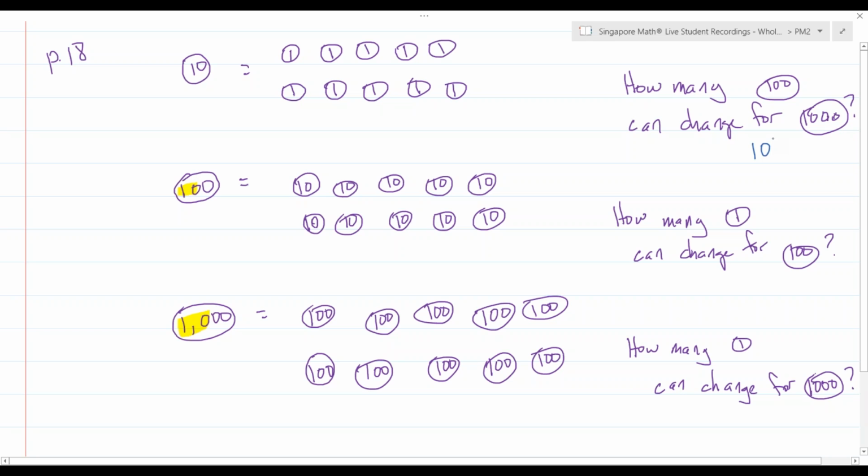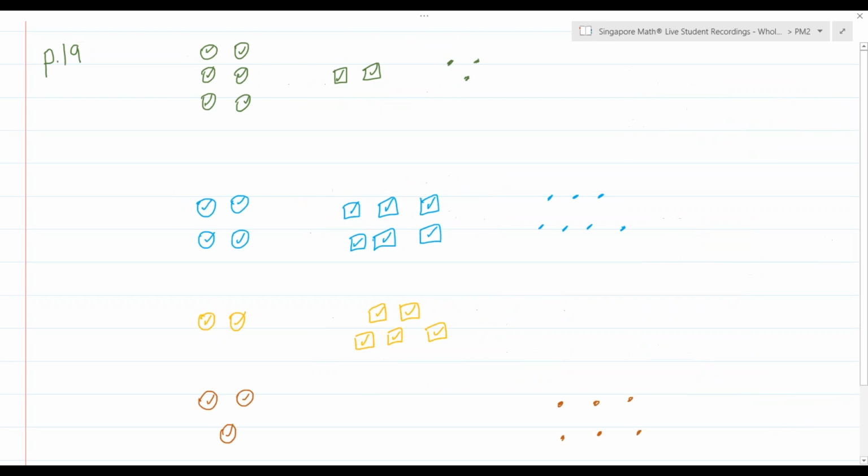How many ones can you exchange for 100? Of course, that's 100. How many ones can you change for 1,000? And of course, that is 1,000. So when you look at numbers, whether it's dollars or just numbers, we always think about tens, hundreds, and thousands.